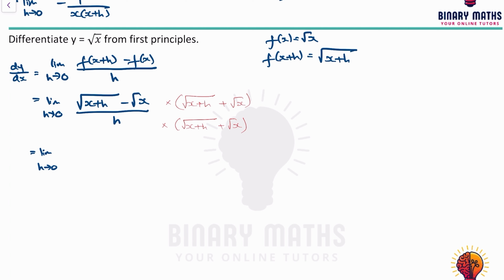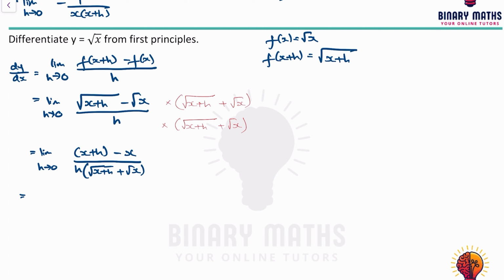So I get x plus h at the top. And then the middle terms cancel out. So all I'm left with is negative root x times root x, which is negative x, all over h times root x plus h plus root x.